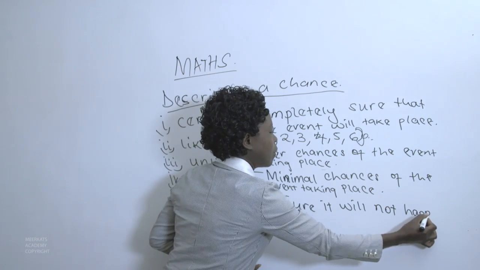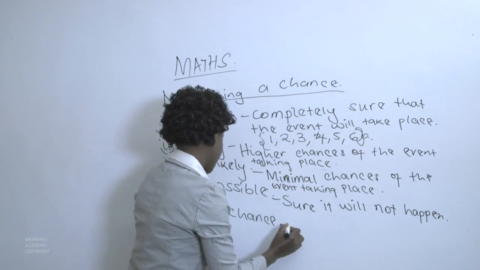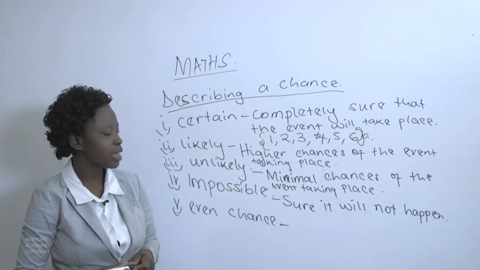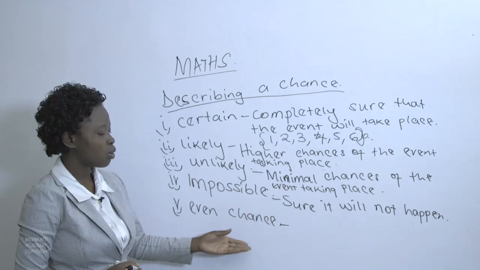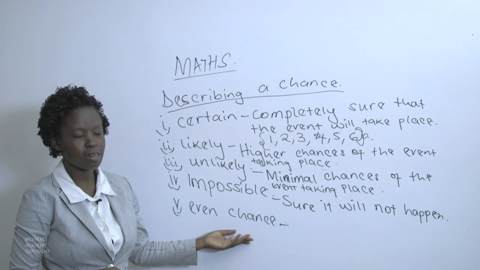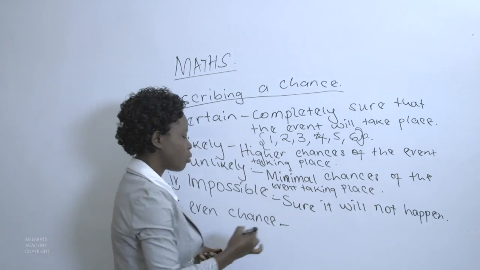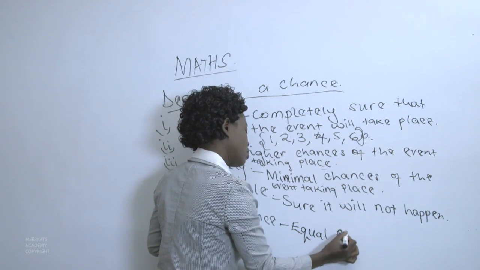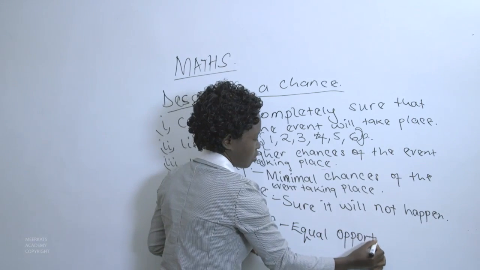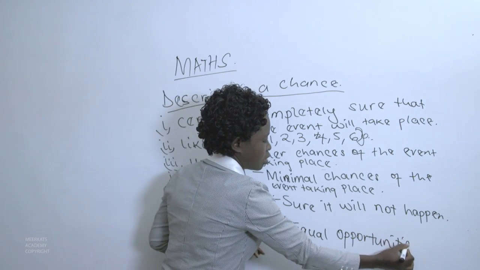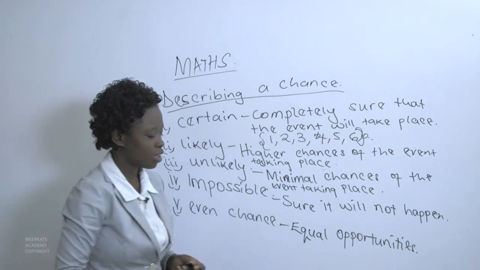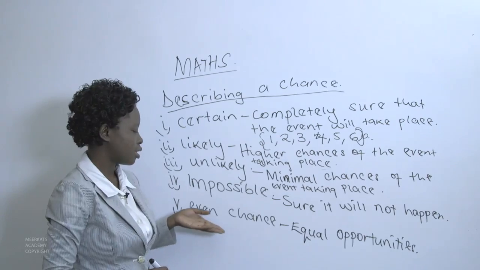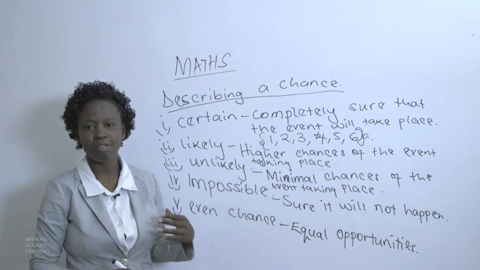And finally, we have even chance. An even chance is whereby the event has equal opportunities of taking place. When we have equal opportunities for that event to take place, then we say the event has an even chance.